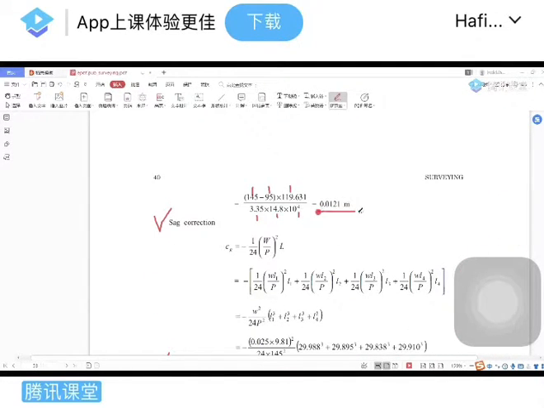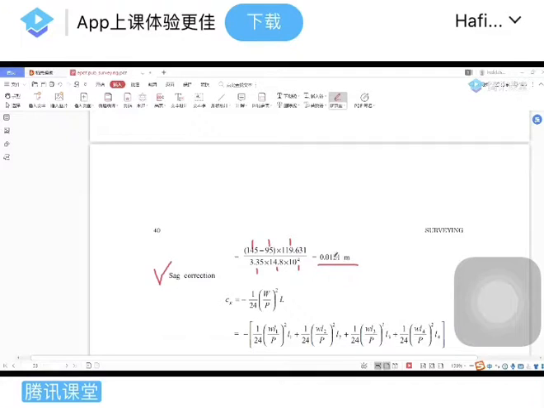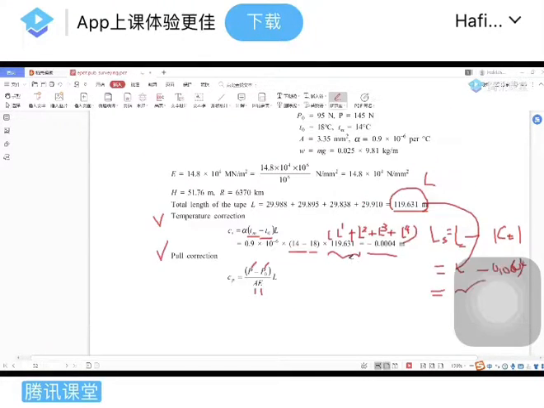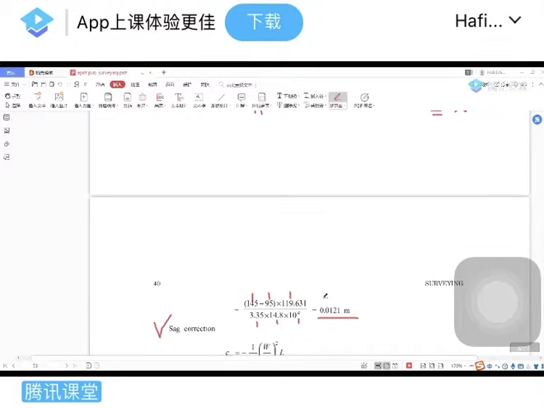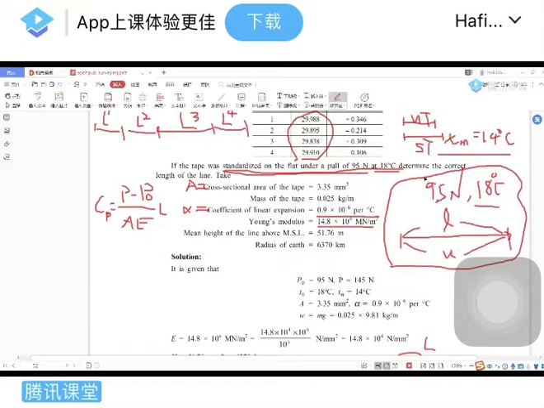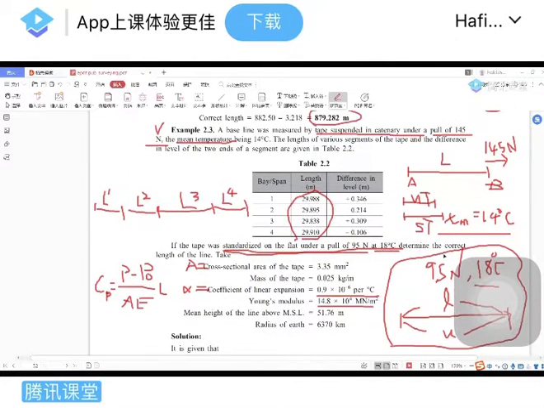Okay, so the correction for the force will be 0.0121. Now comes the next question: are we going to deduct or add this value? Take a look at the force. The standard force is 95. The force I exert is 145. So it means I elongate my nominal measurement. It's supposed to be longer.